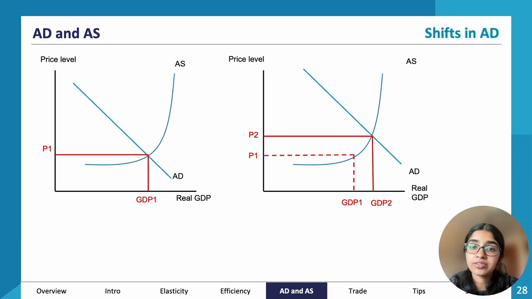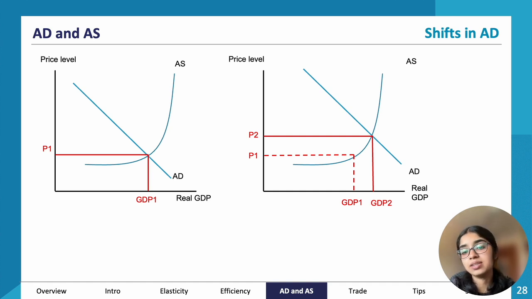Okay, so we can also have shifts in aggregate demand. Again, what causes shifts in aggregate demand? A lot of things. Things like overall levels of income, interest rates, taxes, those kinds of things affect our aggregate demand. For example, here we've got our first graph, and we can see that aggregate demand has shifted to the right.